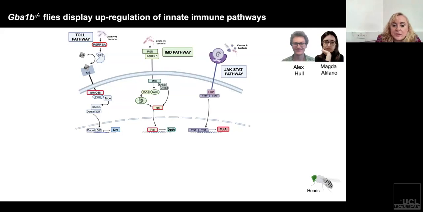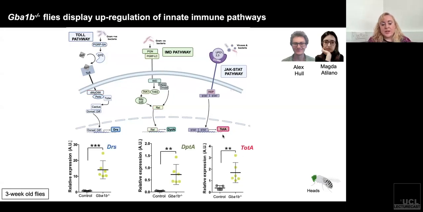So, for example, one of those is drosomycin downstream of the Toll pathway, and diptericin, which is downstream of the IMD pathway. And then downstream of the JAK-STAT pathway, a number of stress response genes are upregulated, such as TotA, as shown here.